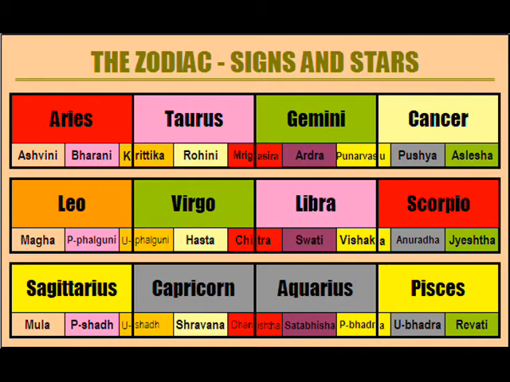You can see that there is a pattern here, and the colors denote the planetary lords ruling the stars.